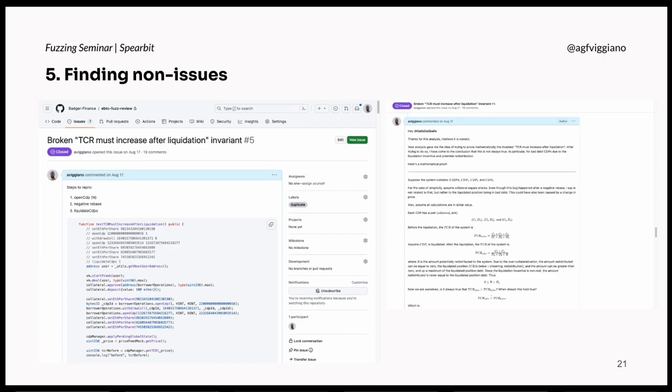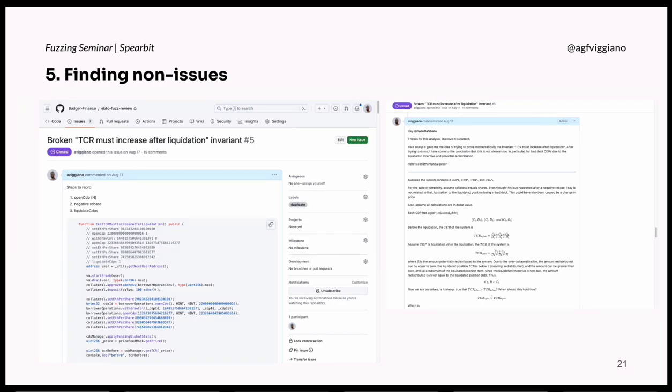So many times the fuzzer will show you a sequence of transactions that get to a state you weren't thinking about, and maybe it will break your invariant, and maybe it's not a bug. Maybe it just means that your invariant is not correct, or not as complete as it should be.